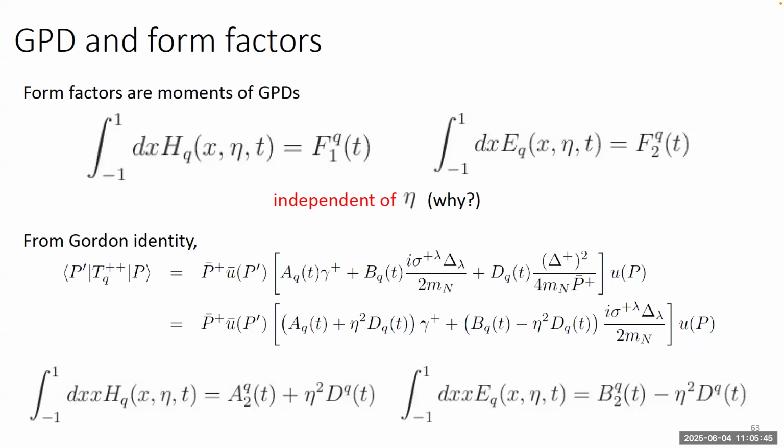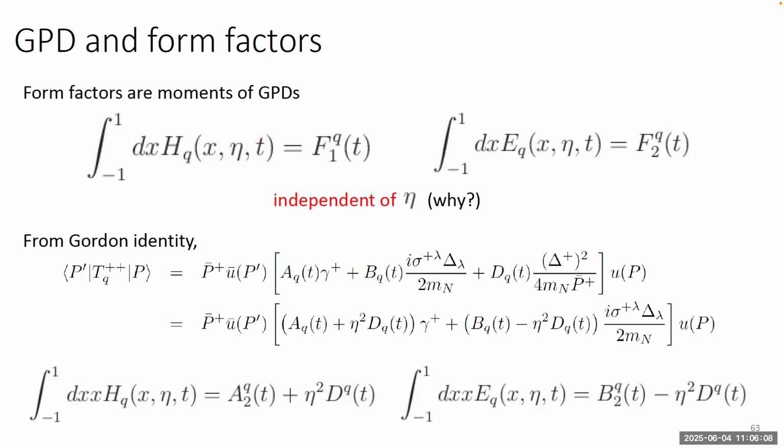Think about why this is the case. Well, the usual explanation is that if you integrate over x, you get a local operator. But the skewness is a momentum transfer in a particular direction, right? Once you shrink it to the local operator, there is no particular direction. So that's why the dependence has to vanish.